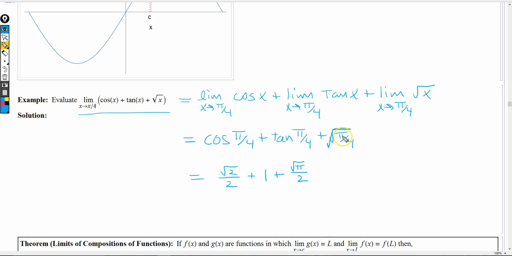So it's going to be the square root of pi over square root of 4. And then, you could simplify that as root 2 over 2 plus root pi over 2 plus 1. Okay. And then evaluate that on your calculator if you want a decimal expansion. All right. So that's an example illustrating how you use the trig limit results.